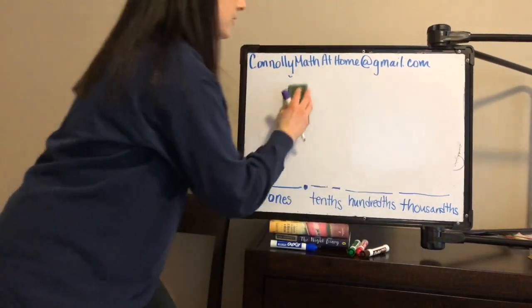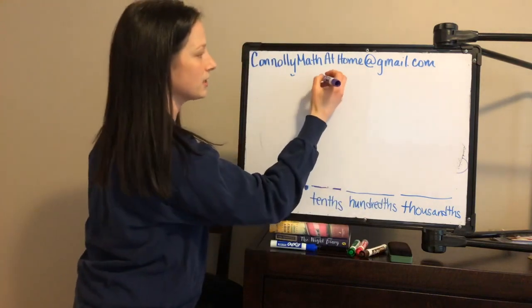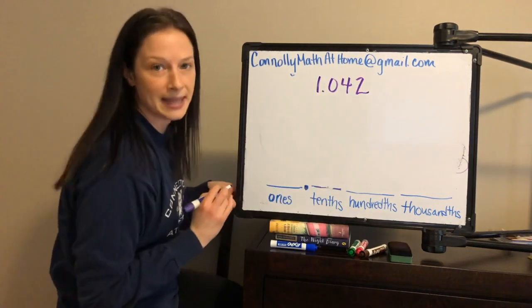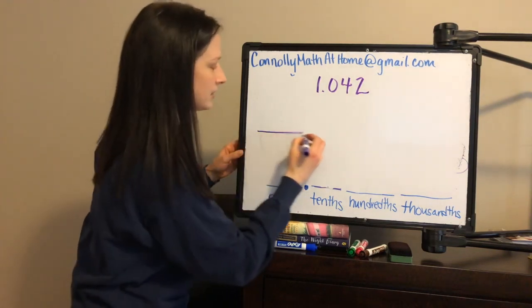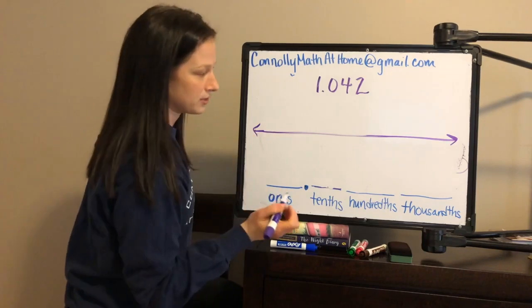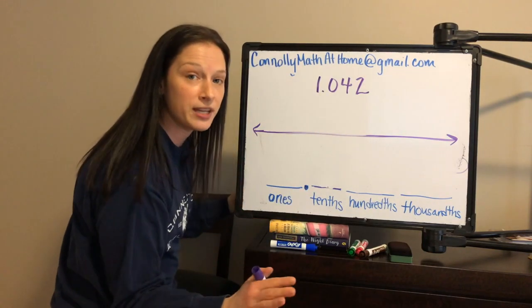All right, so let's look at rounding to the nearest hundredth, 1 and 42 thousandths. I'm just feeling quite tricky today. All right, so 1 and 42 thousandths. I want to think which hundredths this is in between.